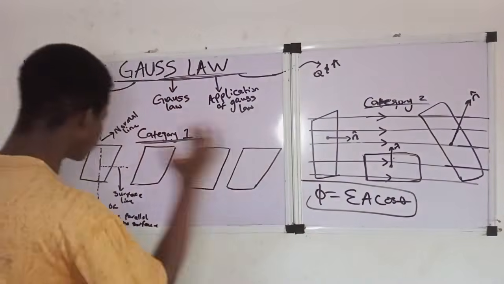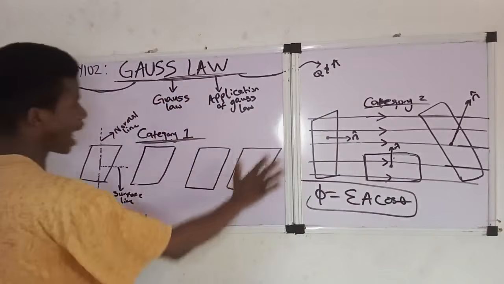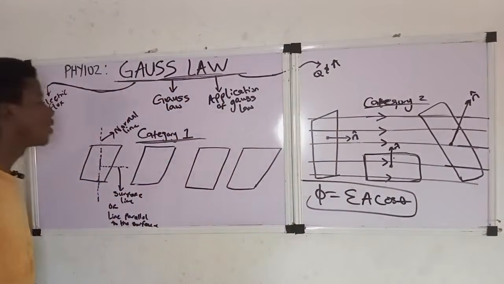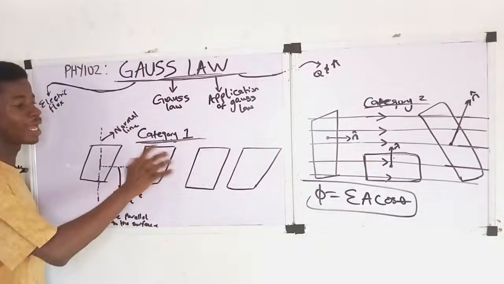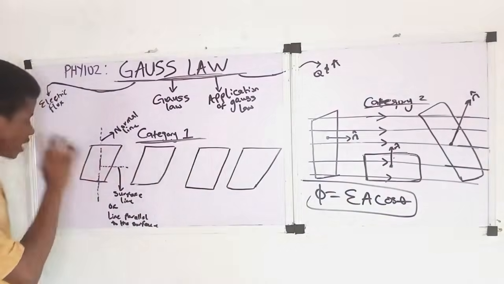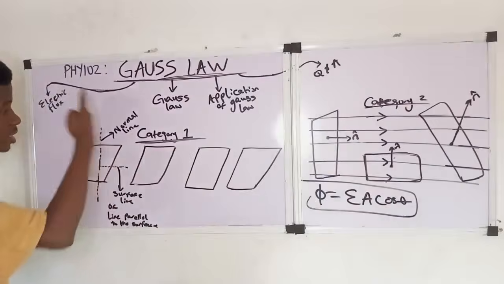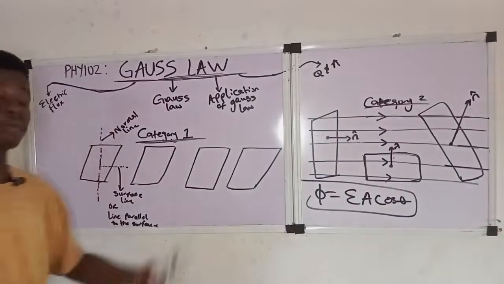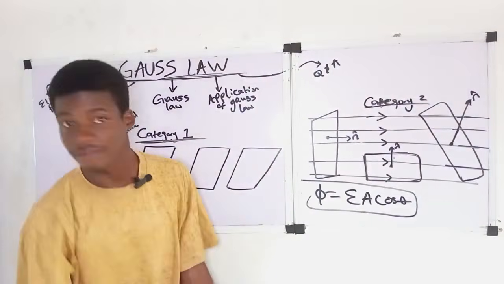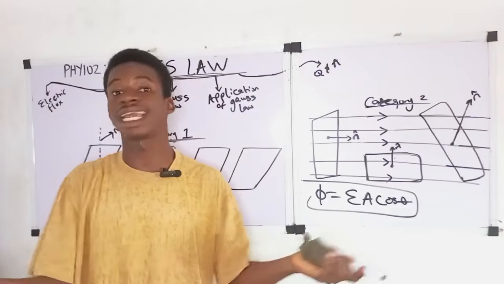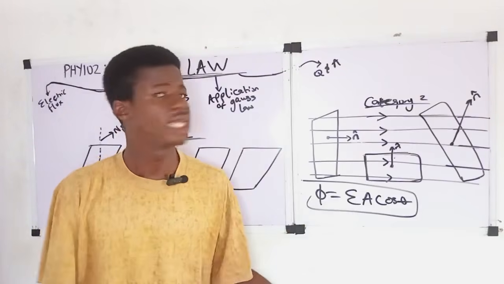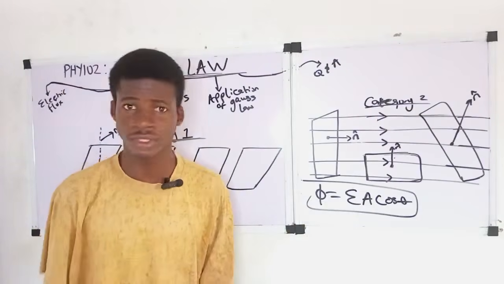Now let's go to these diagrams you see on the board here. If you look at this first diagram, there's what we call the normal line. Normal line is that vertical line, a line that is perpendicular to the surface.